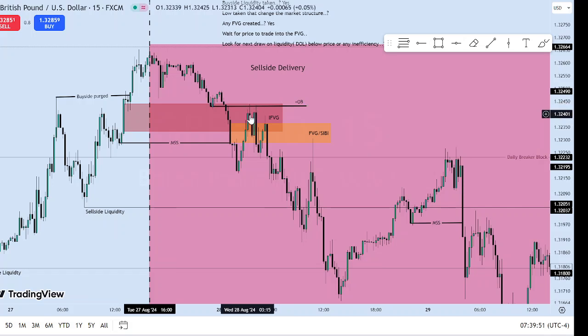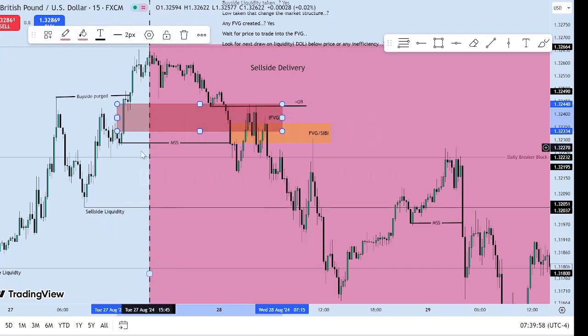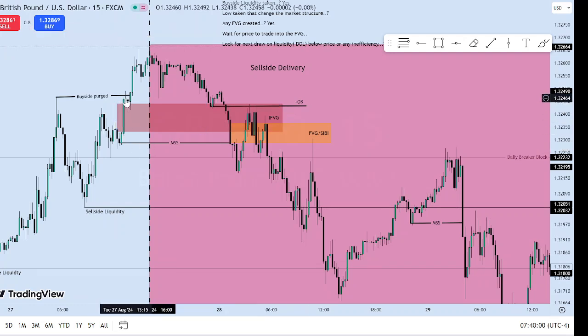Then the body closed inside the inversion fair value gap, which is this gap here between this tiny candle low and this candle high. There is a gap there. It's a space, a void. It's called fair value gap.